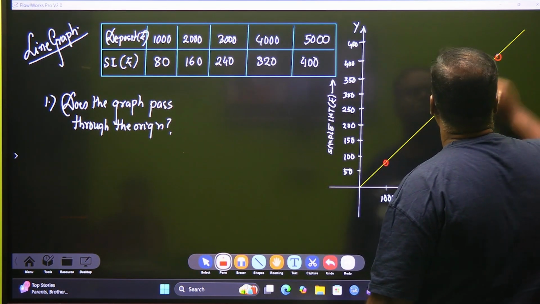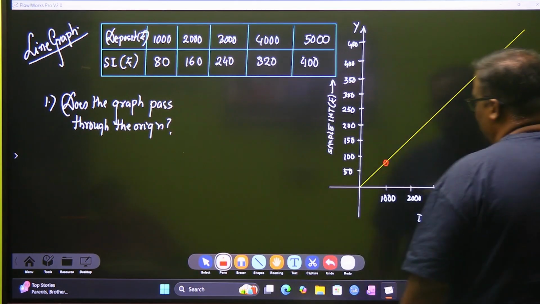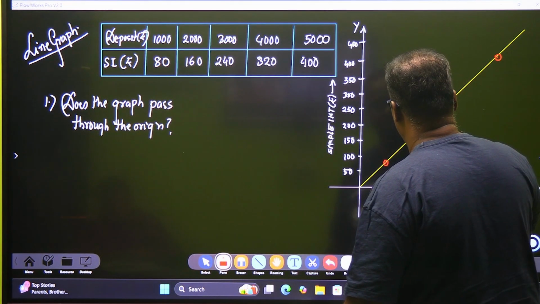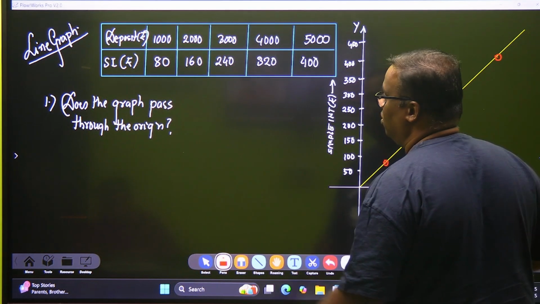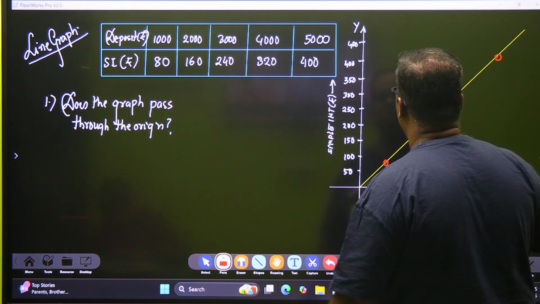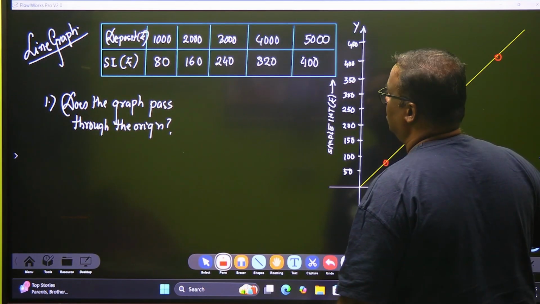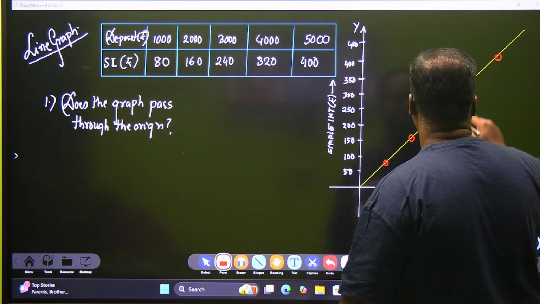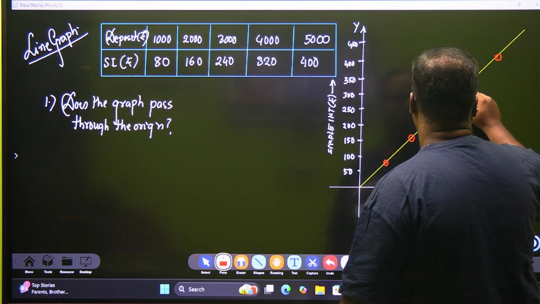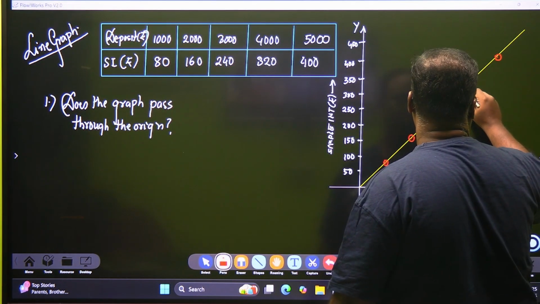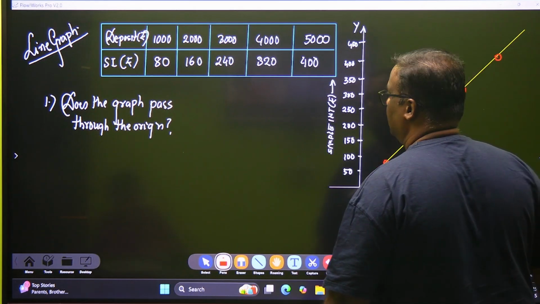Then at 2000, 160. So 2000 and 160 will match exactly, and you are drawing on graph paper. At 3000, 240 will match exactly. At 4000, 320 will match, 100% it will match. So out here, and the last one is how much?